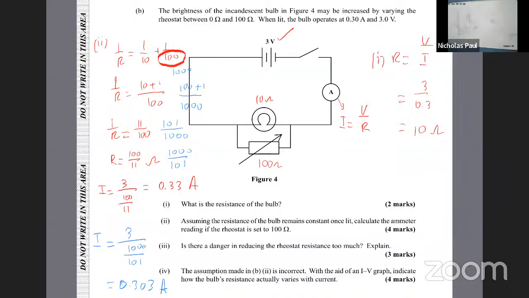The first question we got was 0.33 as the answer, part 2.